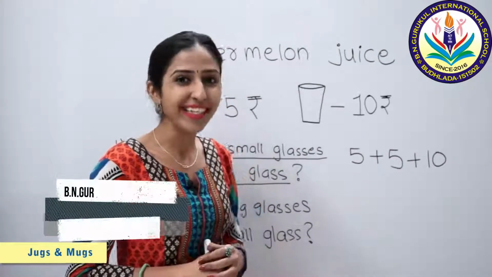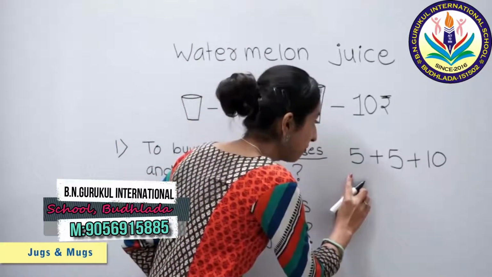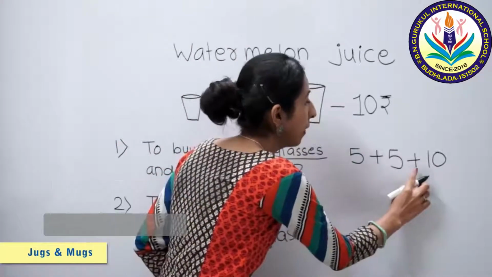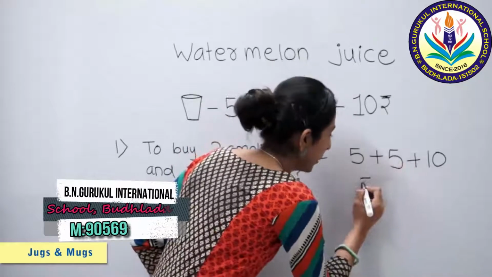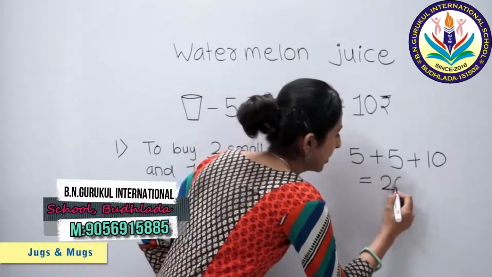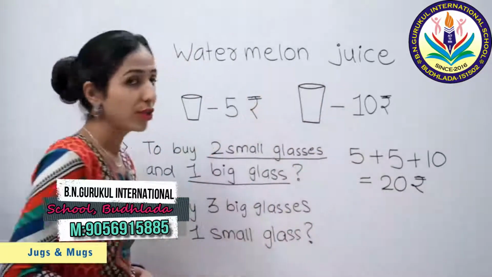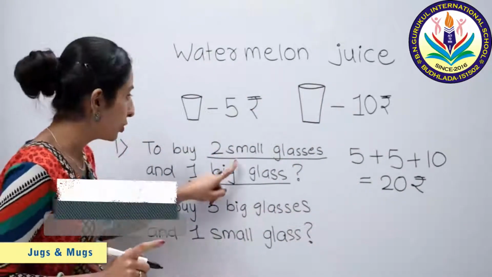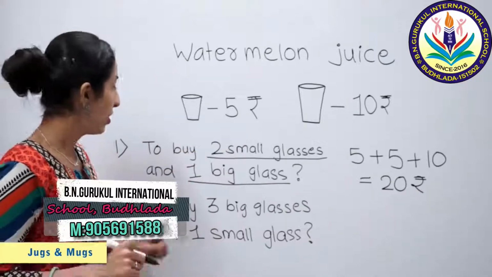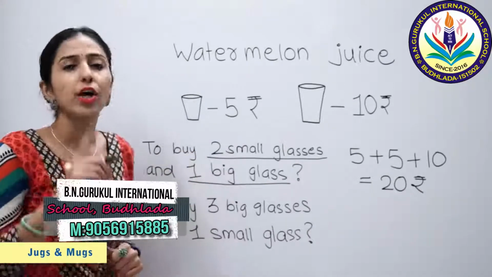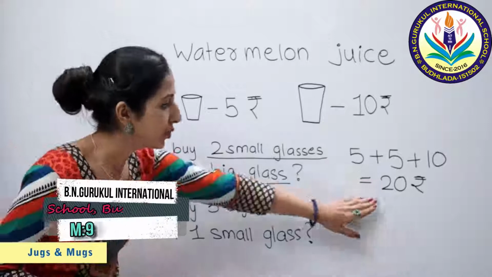Right, 20. So 5 plus 5 plus 10 is equal to 20 rupees. So, to buy 2 small glasses and 1 big glass, you will have to pay 20 rupees.